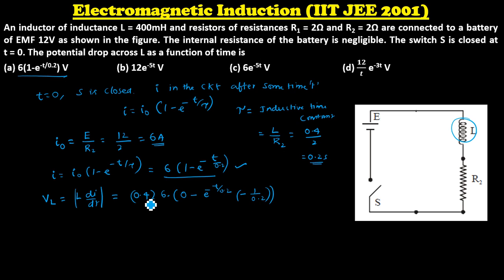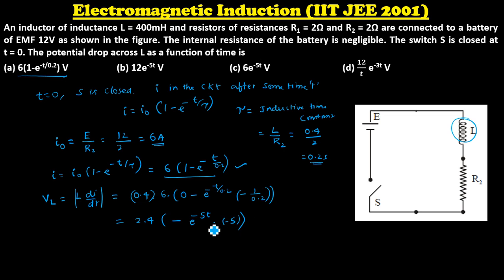Very good. So 6 into 0.4 is 2.4, into minus e power minus t by 0.2. 0.2 can be written as 1 by 5, so that 5 goes to the numerator.